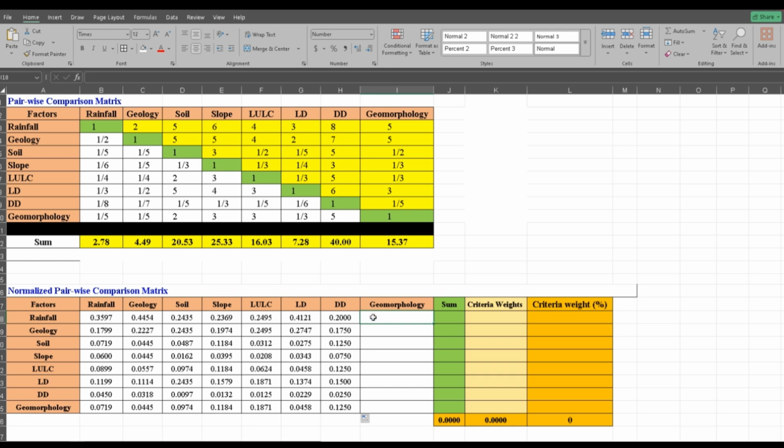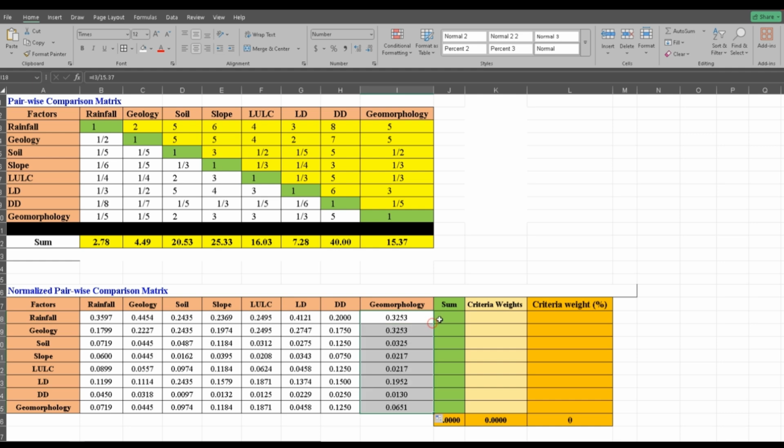It is very simple and straightforward. You can simply calculate the value of each cell in the same way, divided by the sum of the geomorphology column, which is 50.37, which is equal to 0.3253.